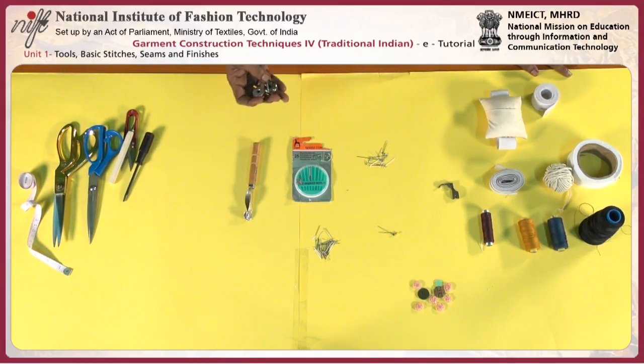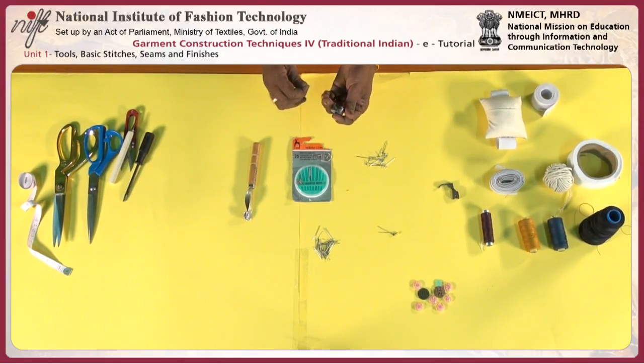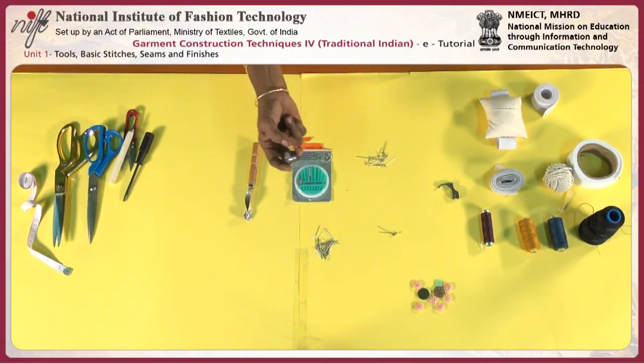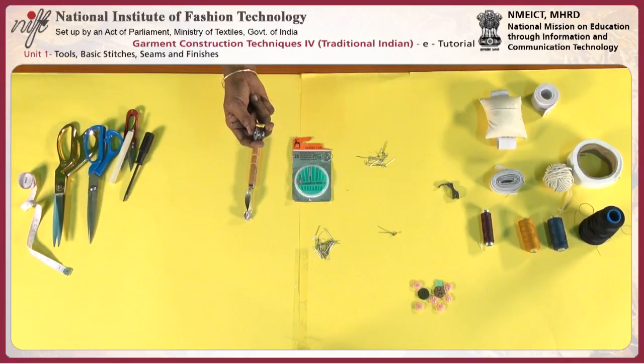And this one is the bobbin case. This is the bobbin which is used as the under thread. The bobbin will be put into the case and this thread will be taken by the needle. This bobbin and bobbin case will be inserted into the hook set, and it will release the thread as an under thread when you are stitching.